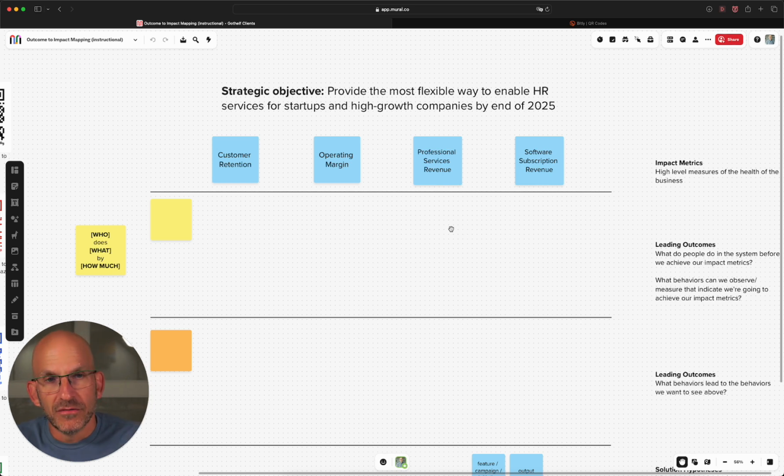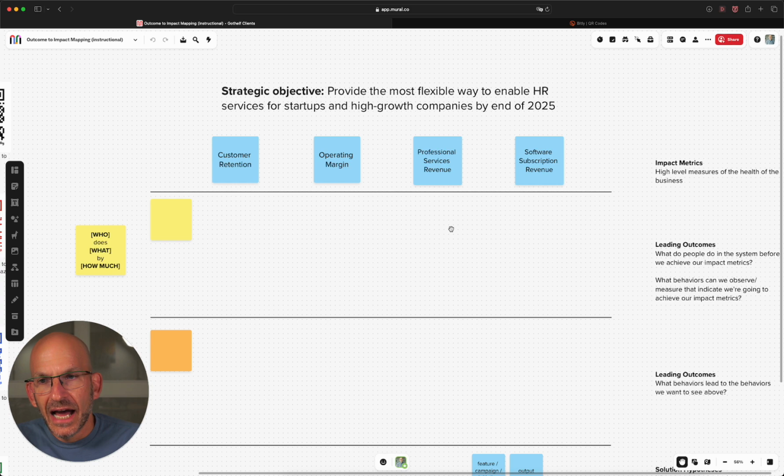So that's what they do. They provide sort of bolt-on HR services for organizations that don't have a robust HR function. So that's their strategic objective, and that's what the leaders, the executives in that organization have determined is the most important thing for them to work on over the coming 18 months or so.